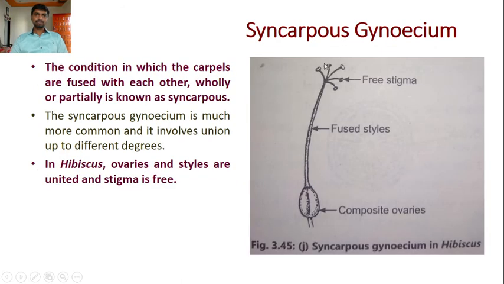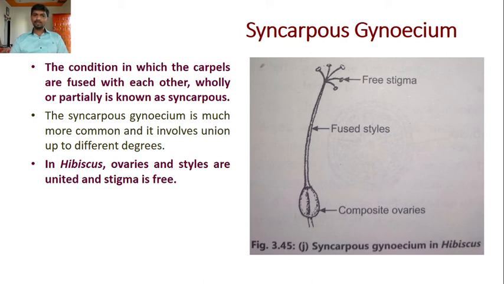Now the syncarpous gynoecium. The condition in which the carpels are fused with each other, wholly or partially, is known as syncarpous. The syncarpous gynoecium is much more common, and it involves union to different degrees.